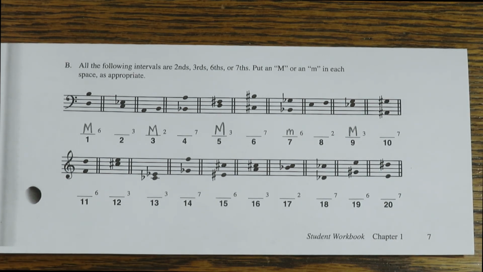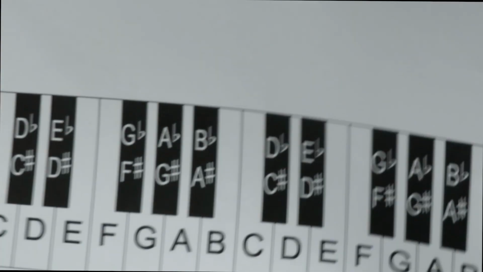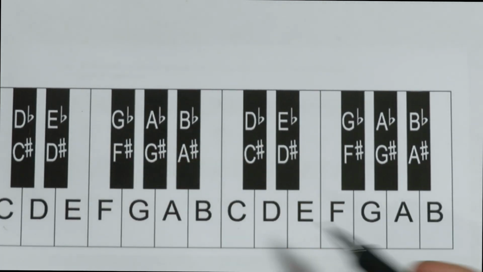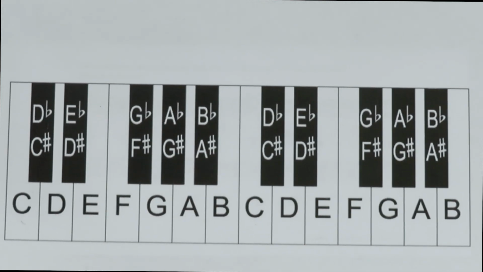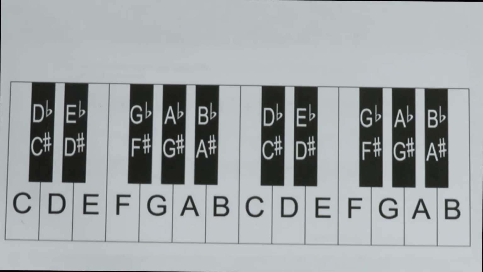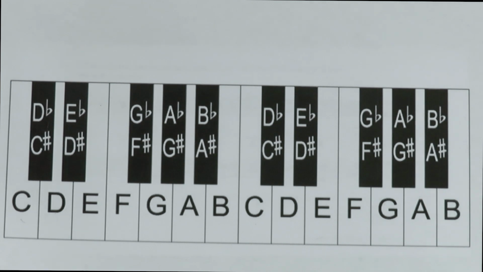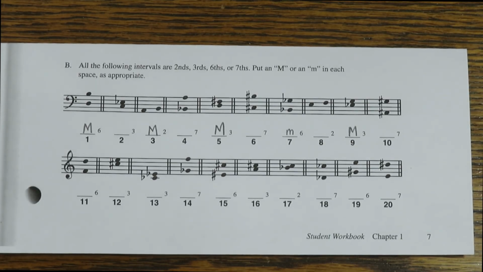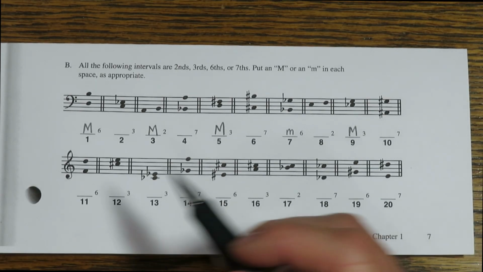Now sometimes you'll be able to see these and recognize these without going through all these steps eventually, but maybe you can even do that now. That's great. But this is a good way to go and check it out. Everything goes back to the major scale. Okay. The whole step, half step rule always works.